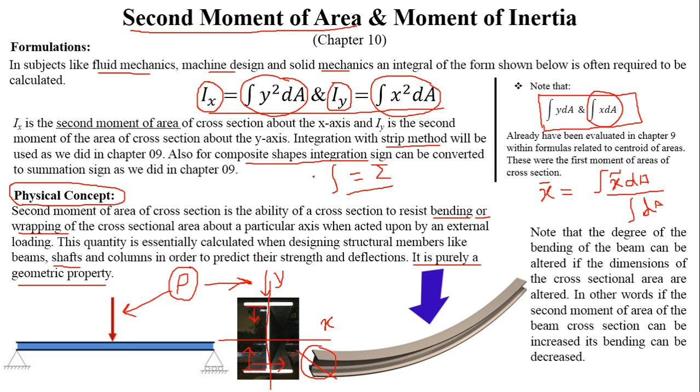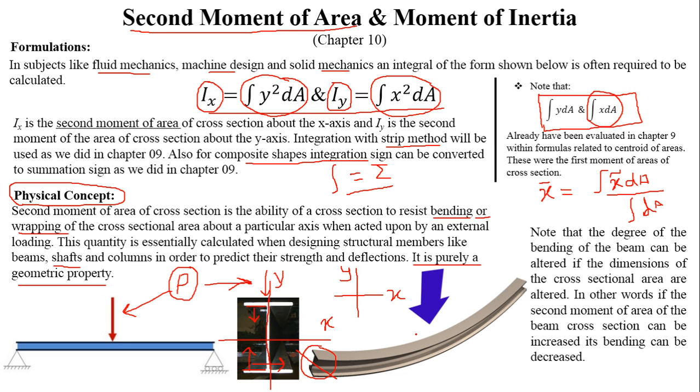And secondly, one more important point is that a structural member is going to bend about a certain axis. You have to define very clearly about which axis you are trying to find the second moment of area, about the y axis or about the x axis.